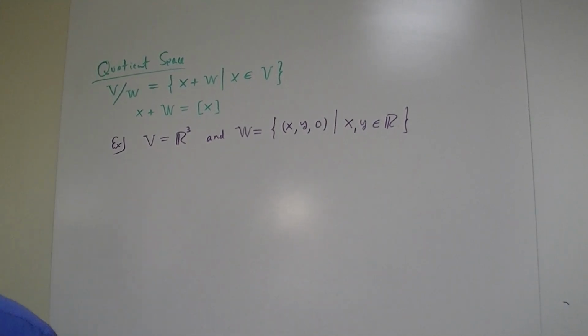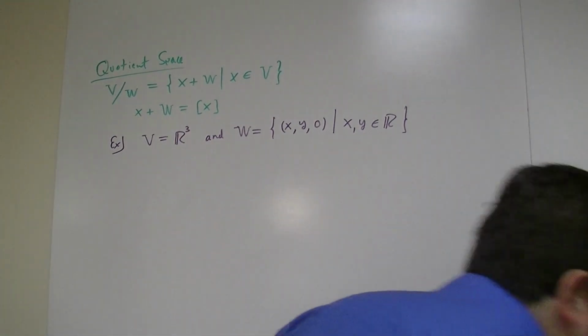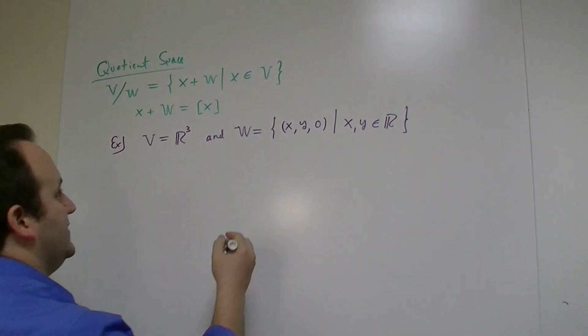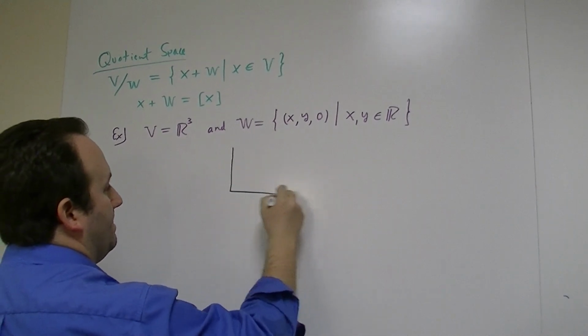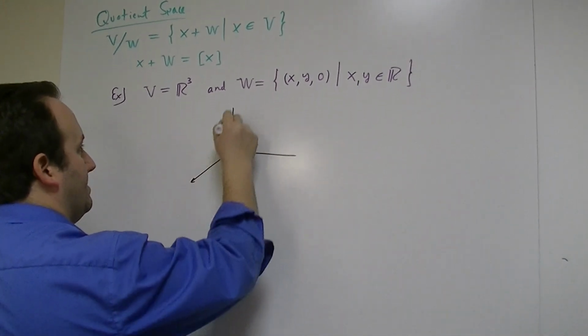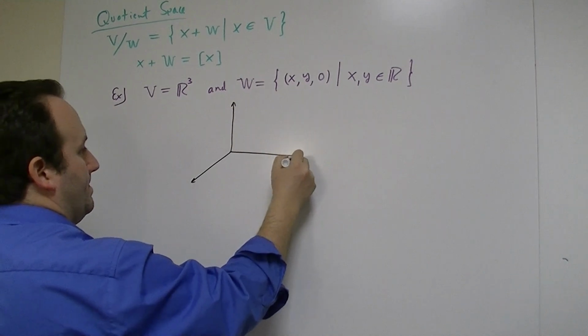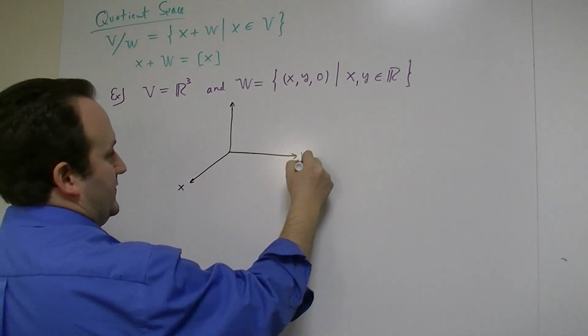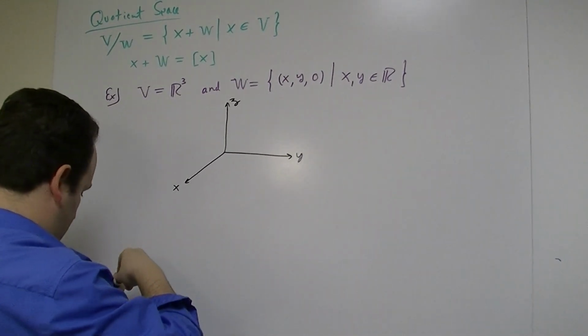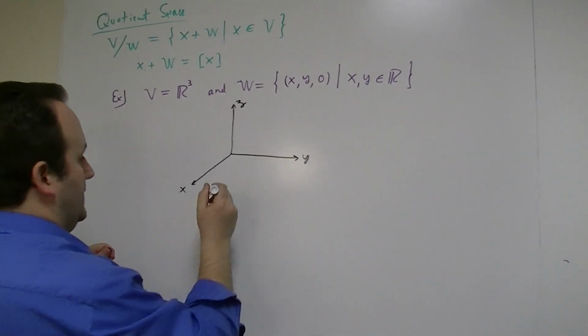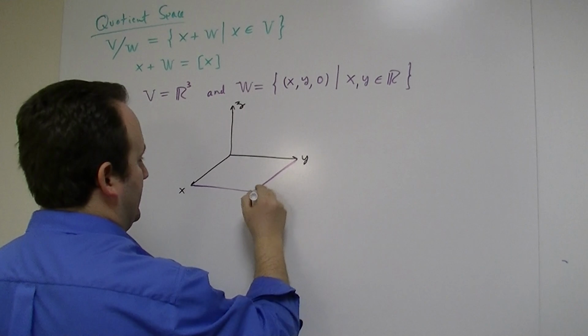So we know what R3 is. What's W actually? It's the XY plane, right? So basically W is itself this guy, let's say.